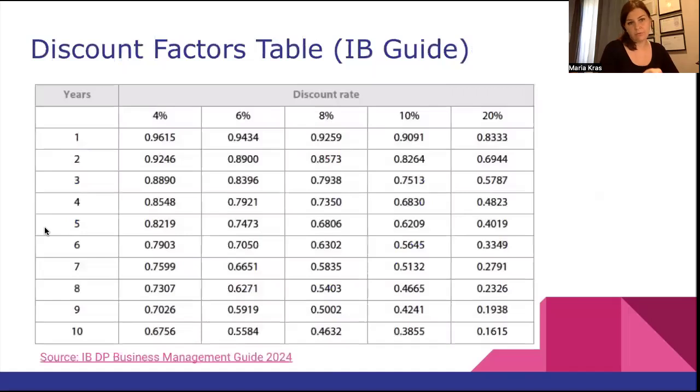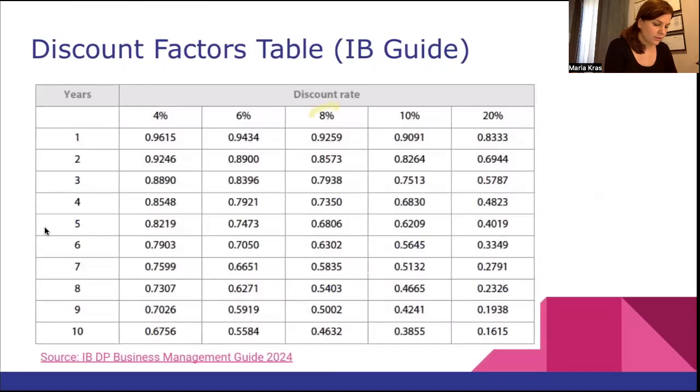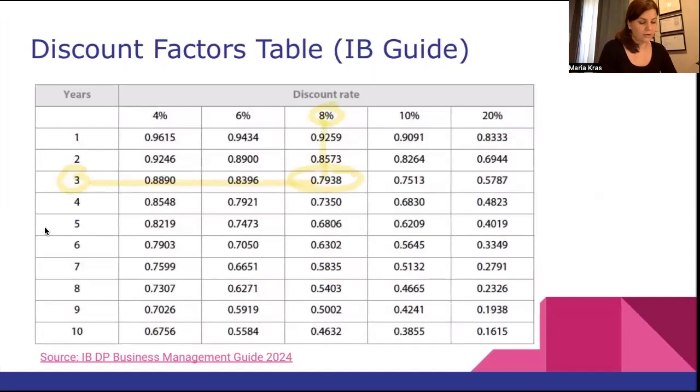So this is from the IB Guide, and you will be given either this formula or this table, or you will simply be given the discount factor in the question. So no need to worry. But let's do it together. This is the 8%, and this is the 3 years. That's your discount factor, 0.7938.